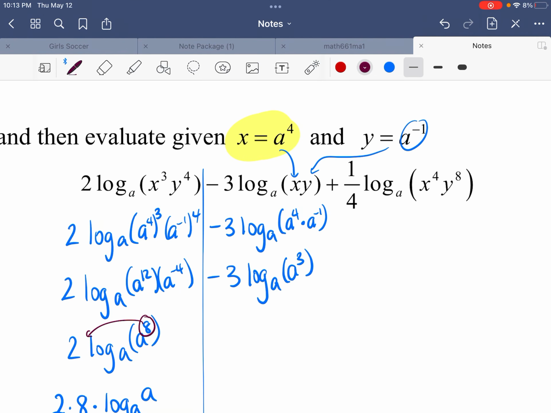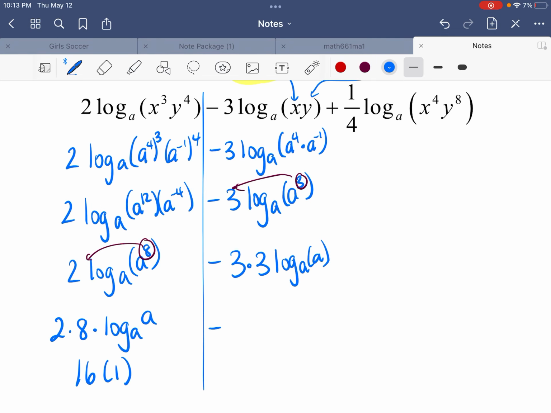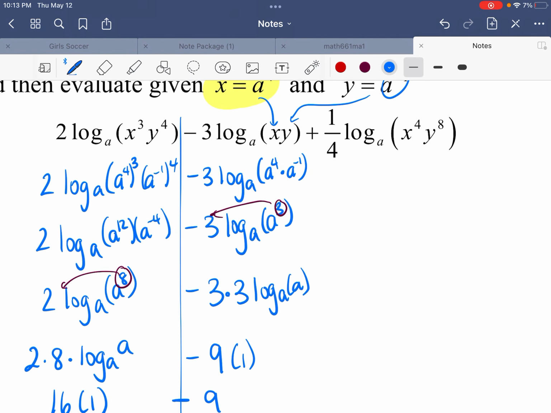And then we can bring down this exponent. Get minus 3 times 3 times log a of a, which becomes minus 9 times 1, so you get minus 9. All right, and the last one.